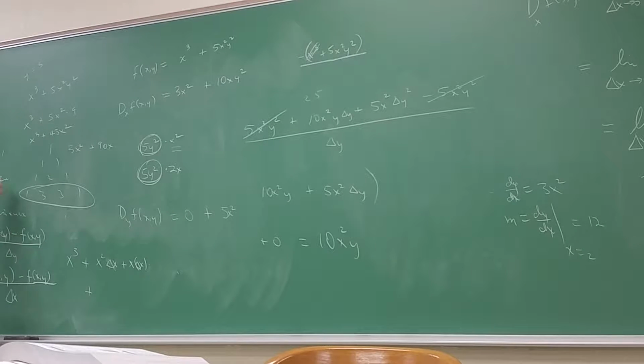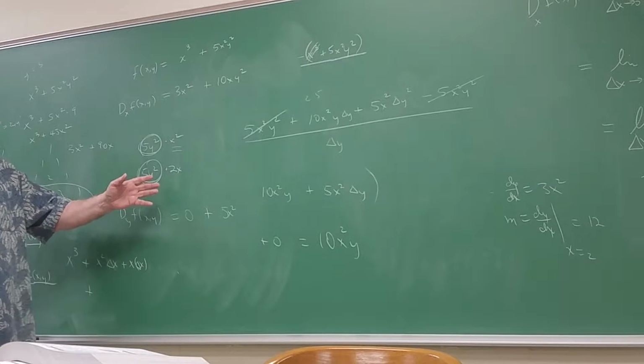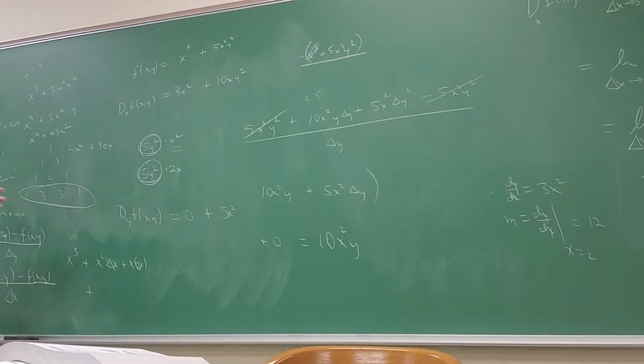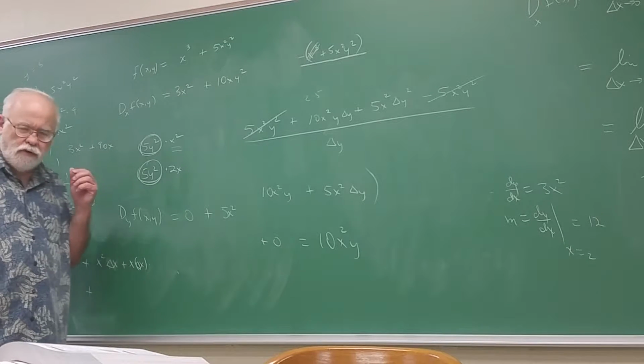Yeah, or 2u u prime. And y squared, is that any different? 2y y prime. But I didn't do 2x x prime. You don't do 2x x prime in Cal 1. And you don't do it in Cal 3 either.